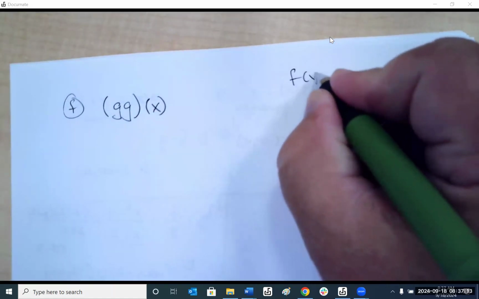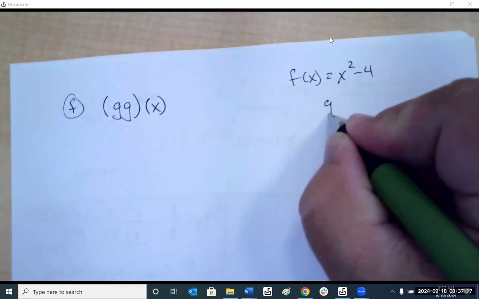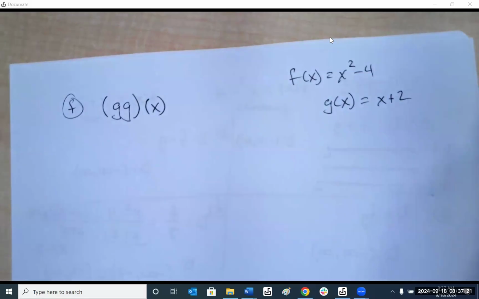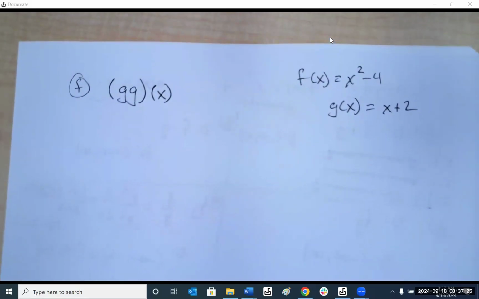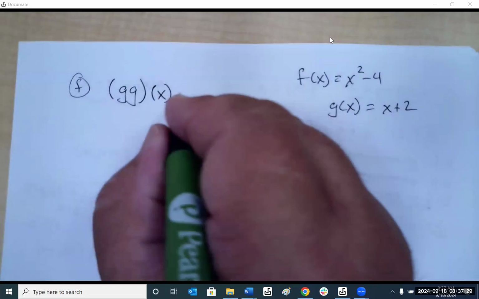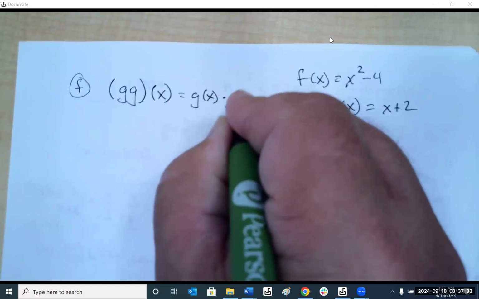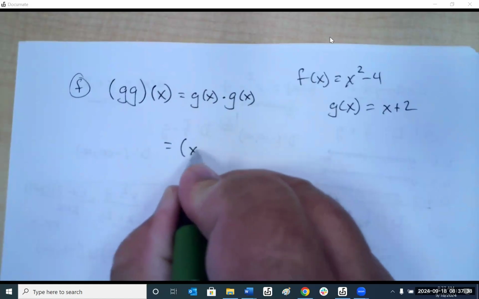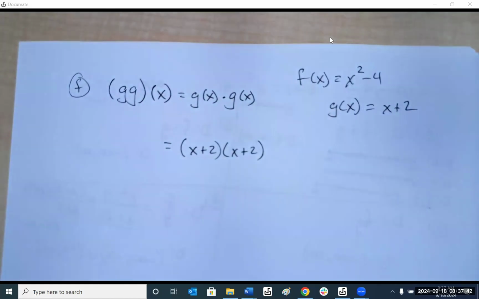Remember, f of x equals x squared minus 4, g of x equals x plus 2. So what this means is g of x times g of x, which is x plus 2 times x plus 2.